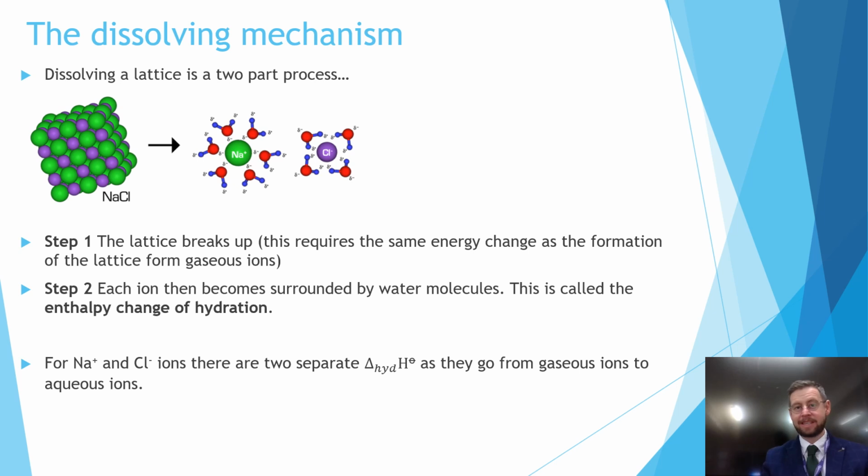Now this orientation, this rotation of all of the water molecules around the ions is going to take a little bit of energy also. And so we call that the enthalpy change of hydration, and that's going to appear in our energy diagrams shortly.